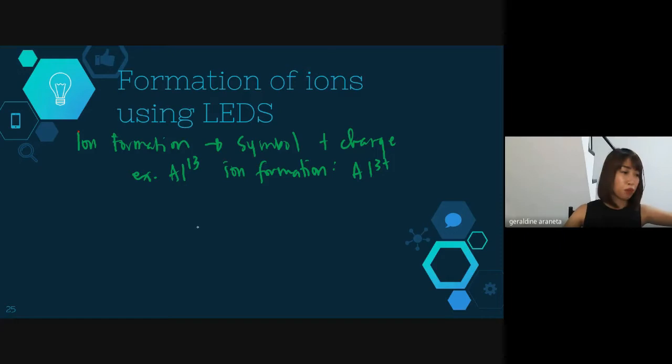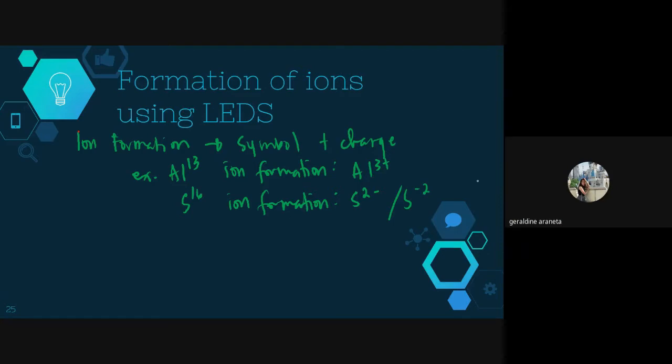Another example would be sulfur. Sulfur is 16. Its ion formation will be sulfur 2 negative, or you can write S negative 2. So that's the charge.